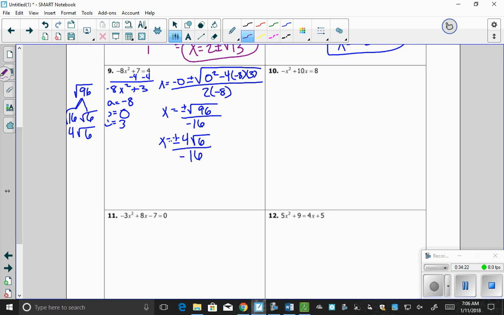What number will go into both 4 and 16? And now I'm going to redraw that circle because that's the jacked up circle. 4 and 16. The answer is 4. So when I do 4 divided by 4, I'm going to get plus or minus 1 square root of 6 over negative 4.